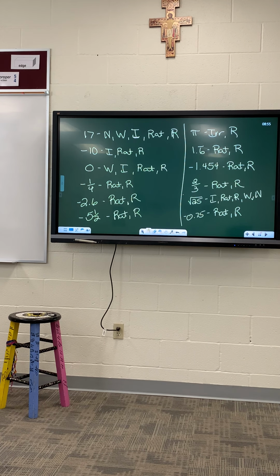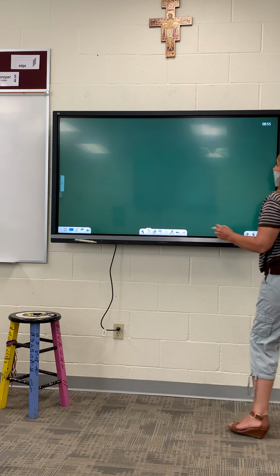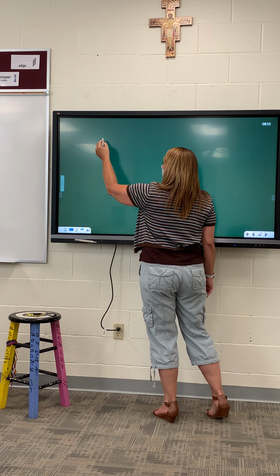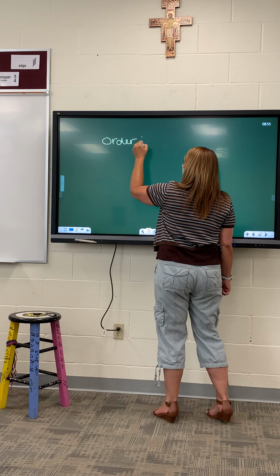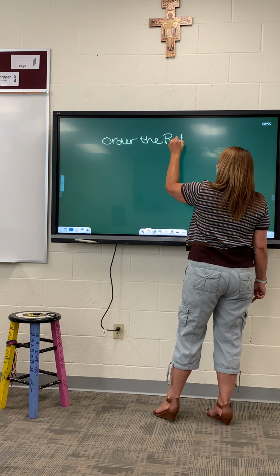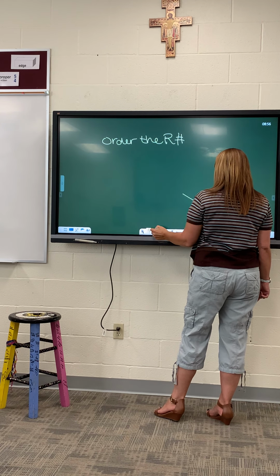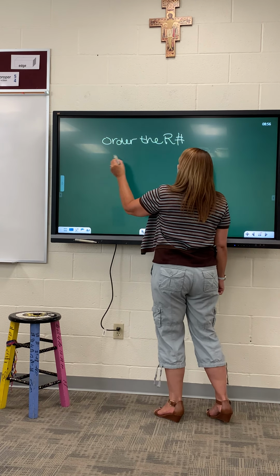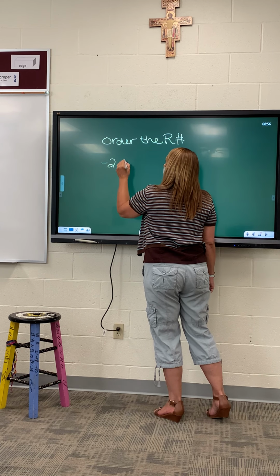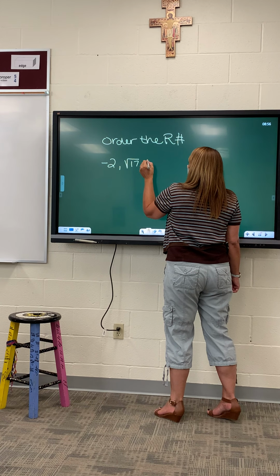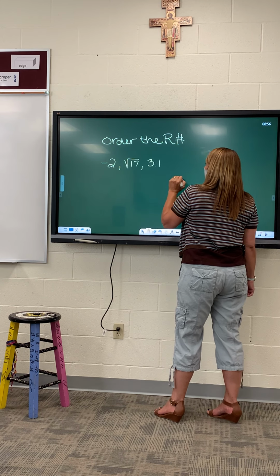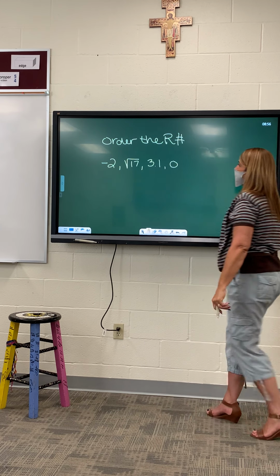How many of you actually looked at the Venn diagram to do that? I think it's helpful. All right, one last thing. So now we know all of these different forms. What if it said order the real numbers? And we have -2, square root of 17, 3.1, and 0.